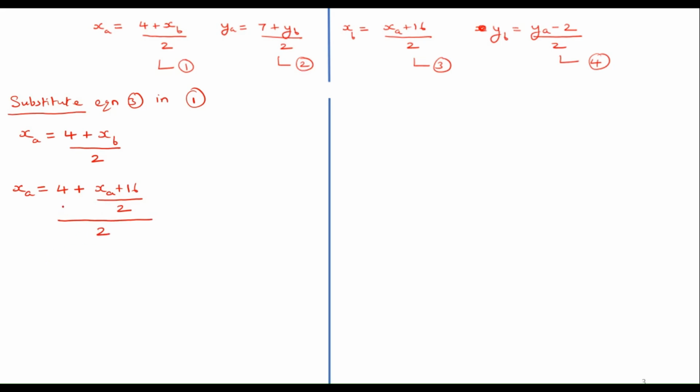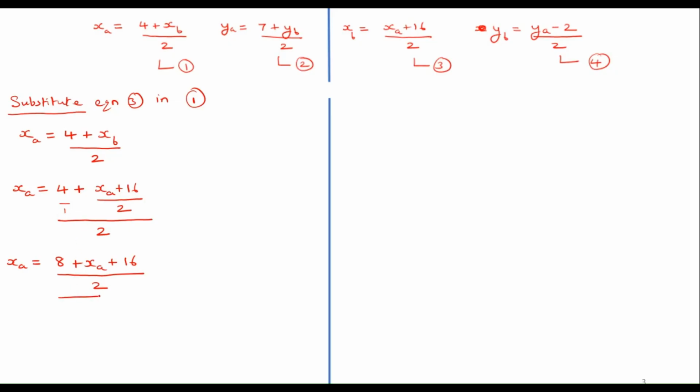Now here there is a division by 2 in the denominator and 4 has nothing, which means there will always be 1. So we have to find the LCM now. So xa is equal to, 2 will get multiplied here, so it will become 8 plus xa plus 16. This part will remain as it is, and because we have calculated the LCM, everything together I will take divided by 2, and then this divided by 2 as it is.